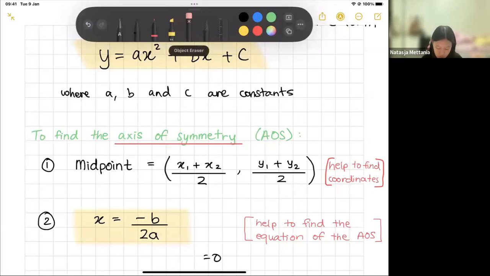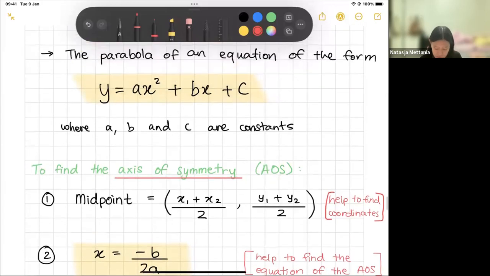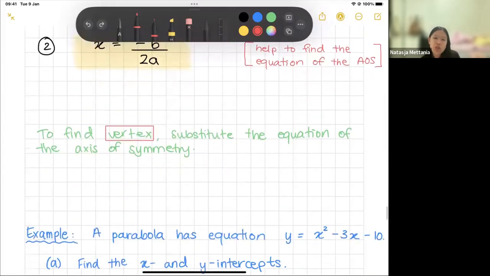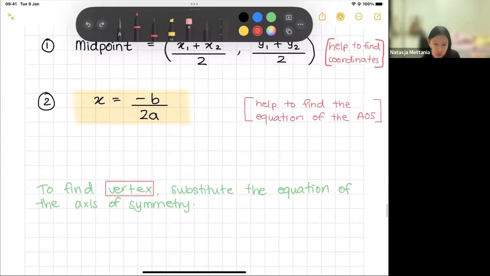That is the equation that we're trying to find for the AOS, okay, for method number 2. So the b and the a in method number 2 is just basically taken from the equation. This is my a, that will be multiplied by 2 in the denominator, and my b. Okay, simple as that.